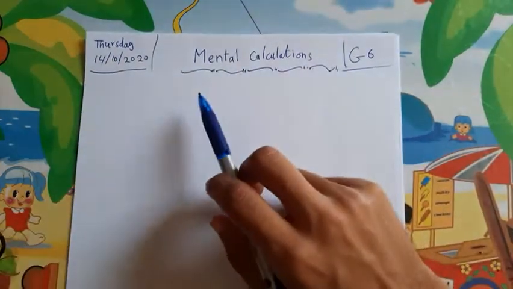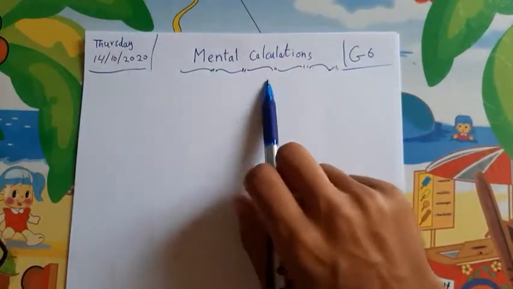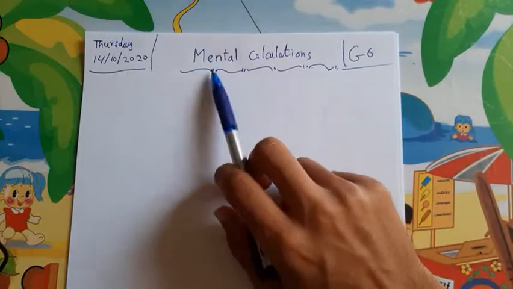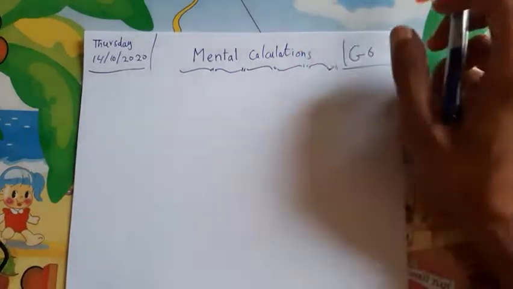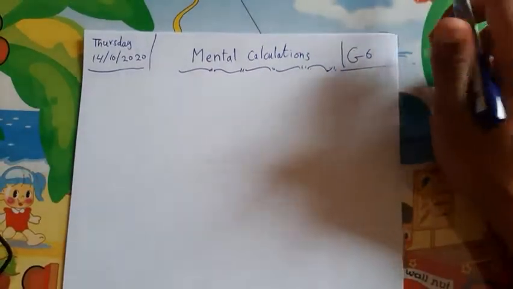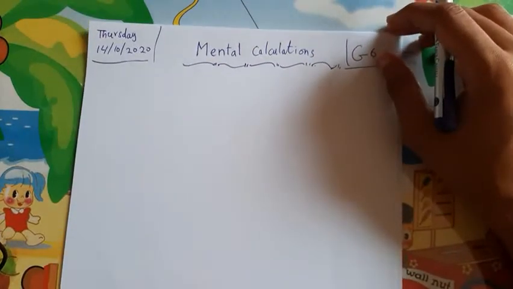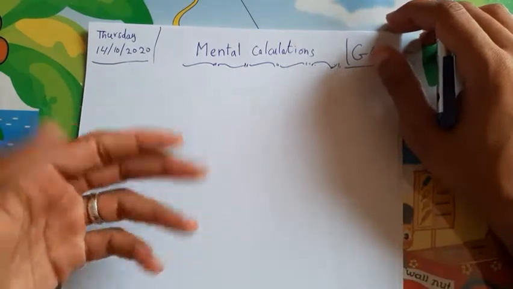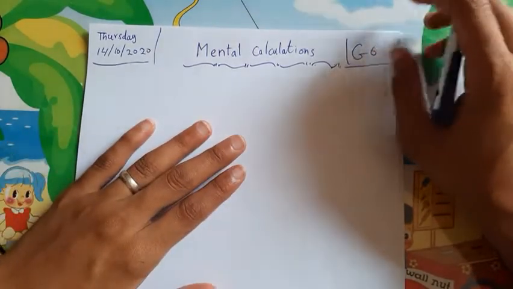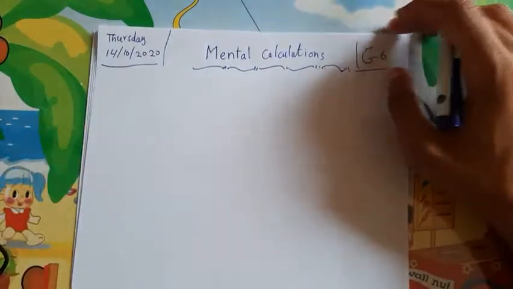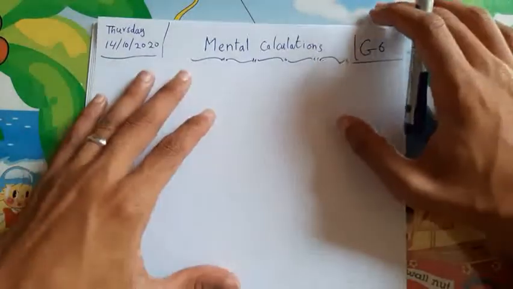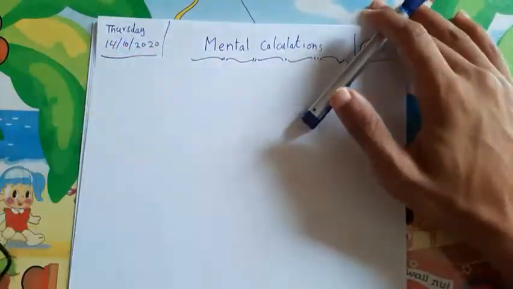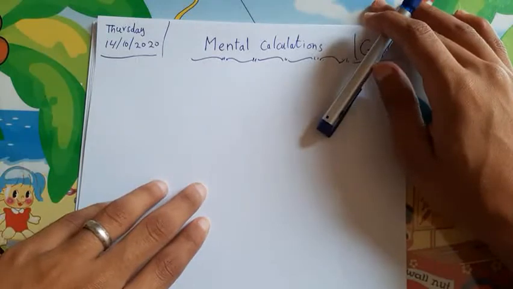Today's lesson is mental calculations. Mental calculations. What does that mean? You know what calculations are, right? When you add, subtract, multiply or divide, all these are called calculations. So today we're going to learn how to do the calculations mentally, or using our minds.